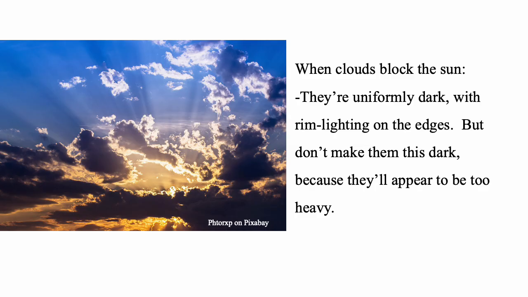When clouds block the sun, they're uniformly dark with rim lighting along the edges, although they should always look lighter than elements on land. The camera tends to make these clouds darker than they really are, but just don't make them this dark because they'll appear too heavy.